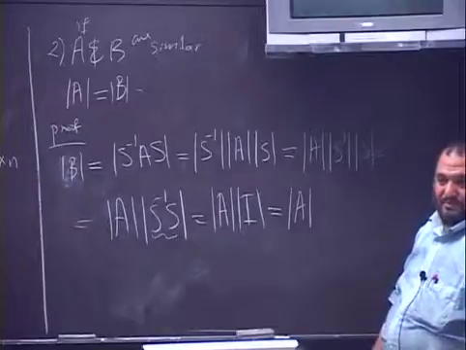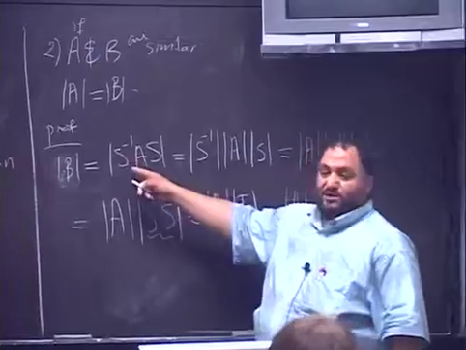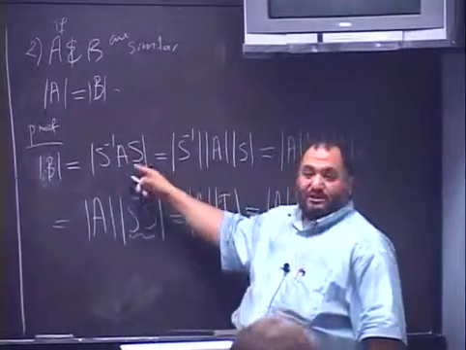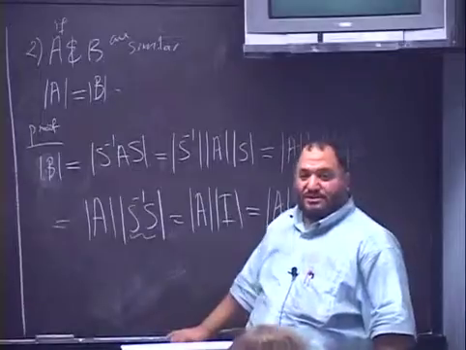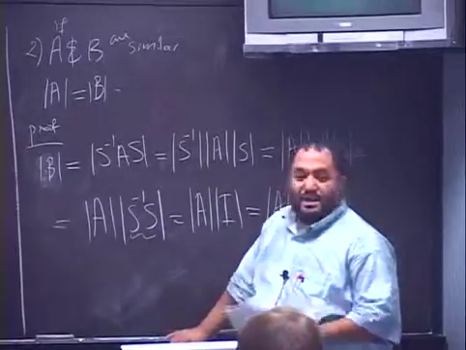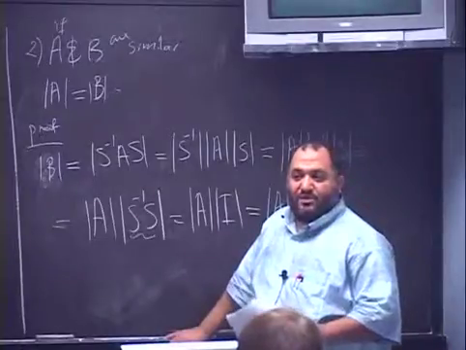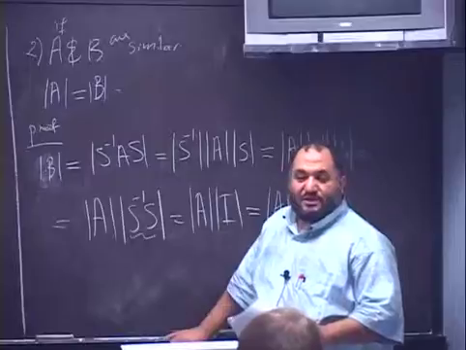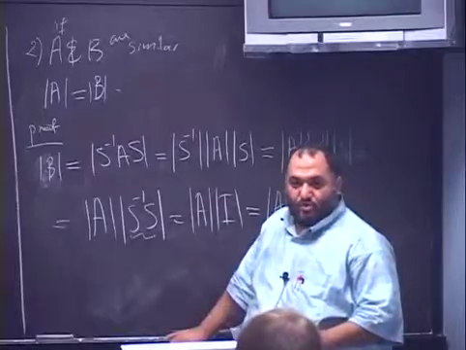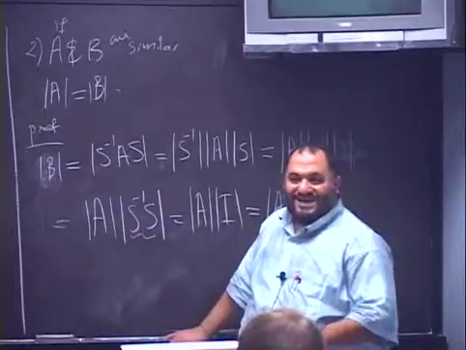Okay, guys? And the matrix B, you just compose it of S minus 1 A S. By the way, guys, do not be confused and say, oh, if B and A are similar, this means that A is exactly the same as B. No, they are not identical.